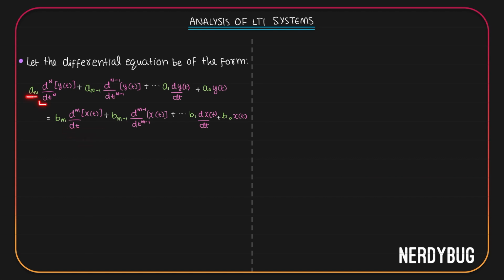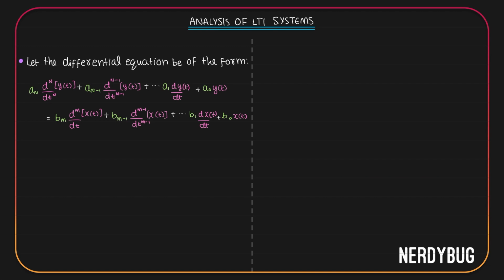An is the coefficient of nth derivative of y of t. An minus 1 is that of n minus 1th derivative. Going on like that, a1 is that of the first derivative, a0 is that of y of t. Similarly, on the other side, we have bm for mth derivative, bm minus 1 for m minus 1th derivative, going on, b1 for first derivative and b0 for x of t.